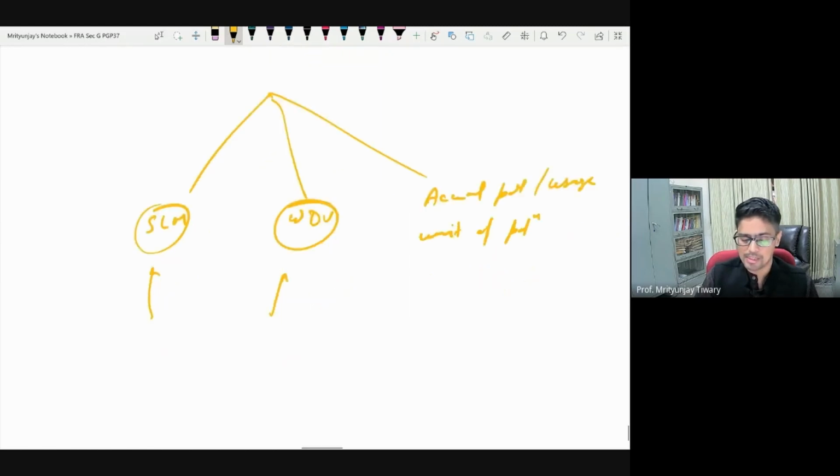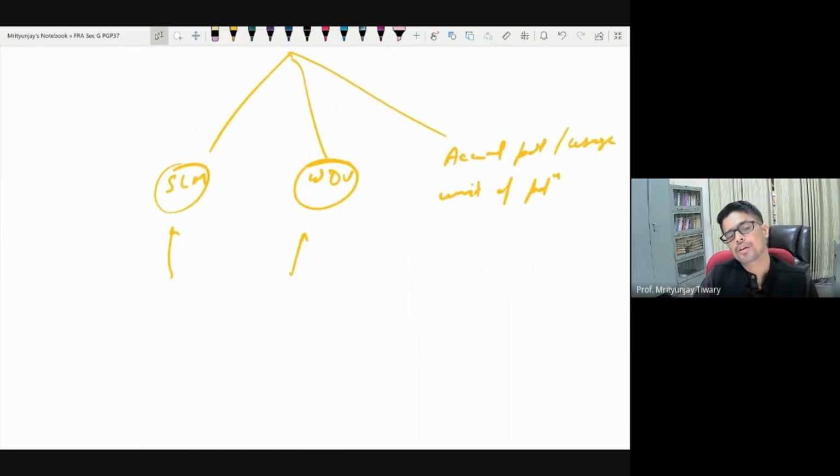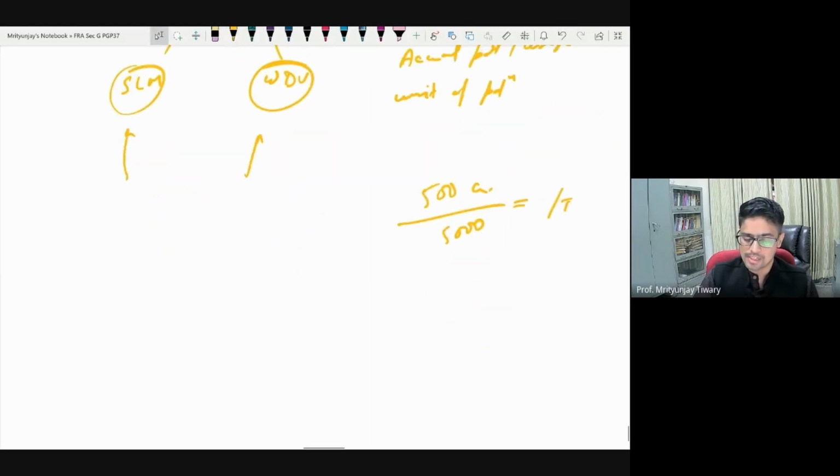Actual production is pretty simple: whichever way you have actually used the asset, in that proportion you show the expense. For example, let us say you purchase a coal mine for 500 crore rupees and you think the coal mine has 5,000 tons of coal. So you have found a depreciation per ton. If in the first year you have excavated no coal, then there is no depreciation.